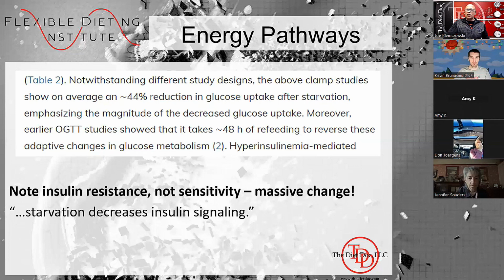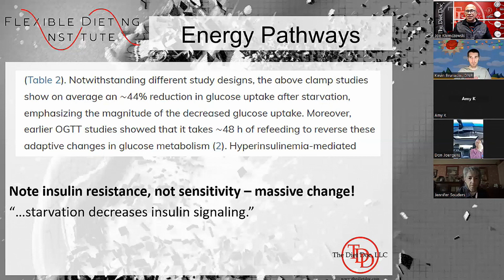And that becomes incredibly important, knowing your physiology, because if you're going to try to ascribe to a certain type of eating for health reasons that you believe are there, it's not always just black or white. So, note that insulin resistance, not sensitivity, massive change. Starvation decreases insulin signaling.